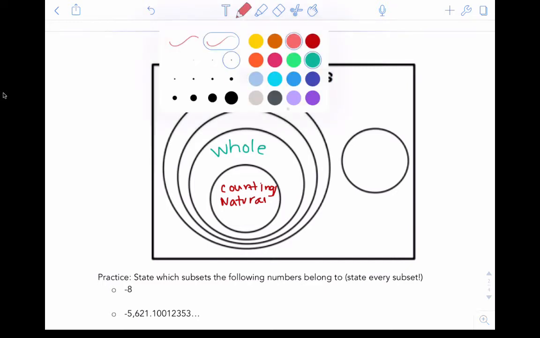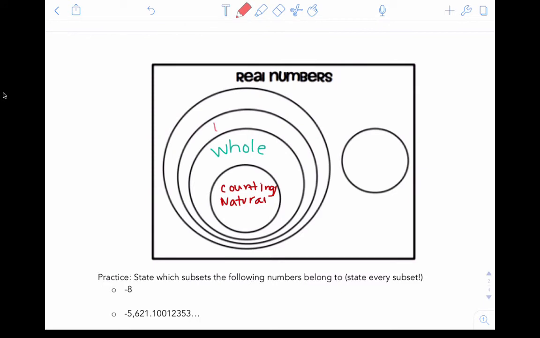All right, next after whole numbers, I have integers. Notice that the whole numbers and the counting natural numbers are completely inside of the integers. And then after integers, I have the rational numbers. Every single integer, every single whole number, every single counting natural number is within the rational numbers.